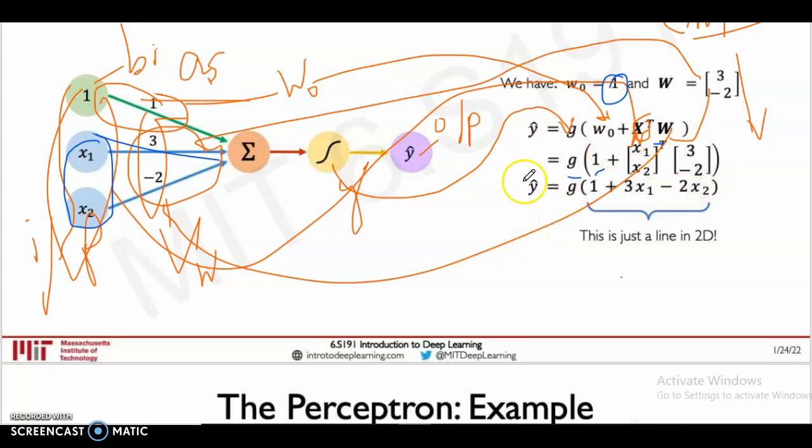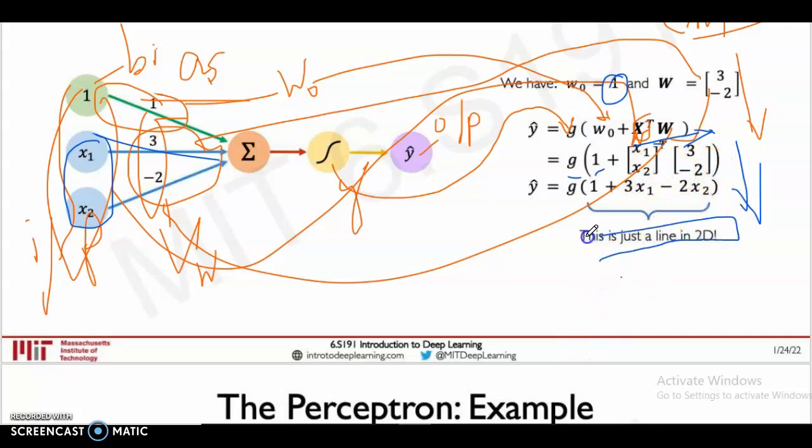Now we simplify by cross multiplying: 3x1 minus 2x2.